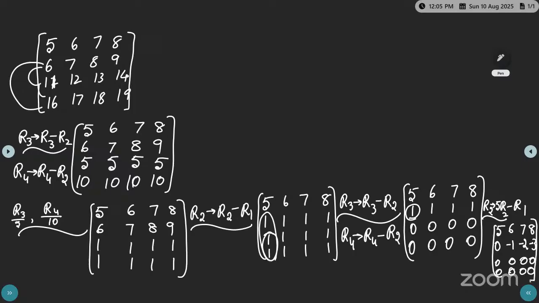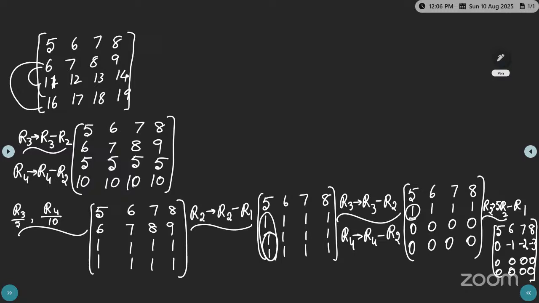So now it is in row echelon form with 2 non-zero, non-equivalent rows.